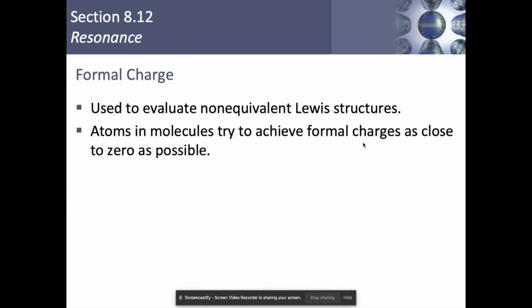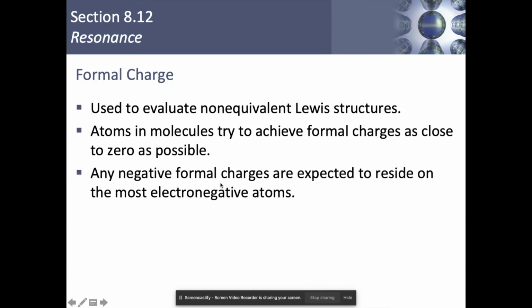Does it have any bearing on reality? Not really, but formal charges are useful in figuring out whether or not a Lewis dot structure is more correct than another one is. Generally speaking, formal charges want to be as close to zero as possible.